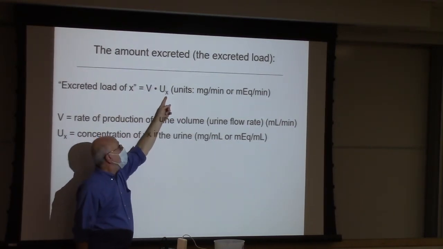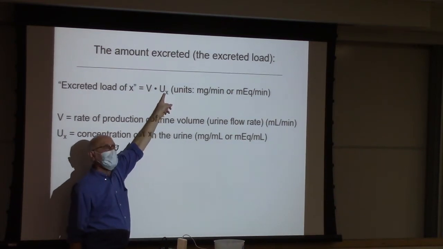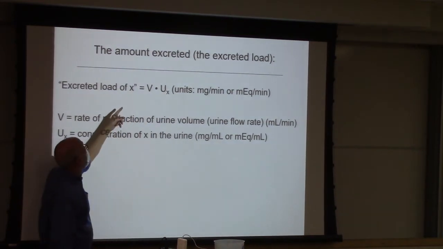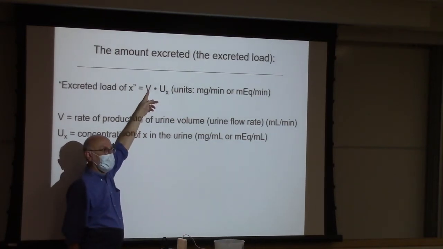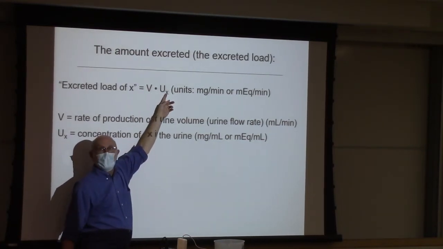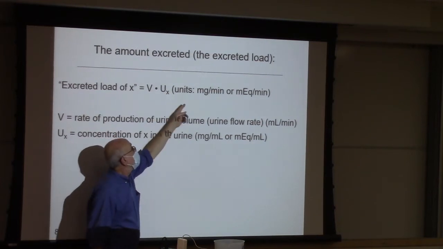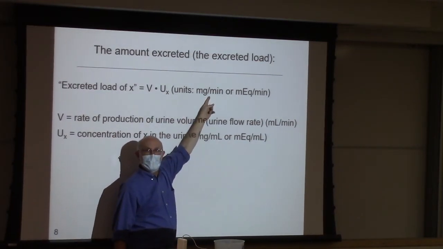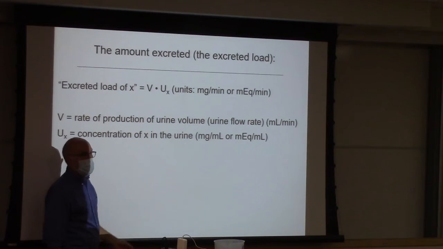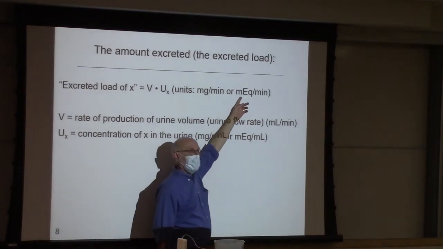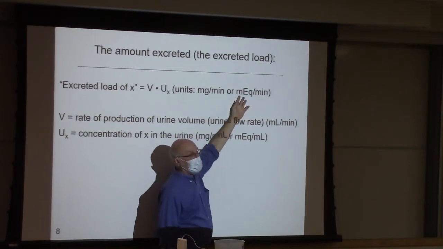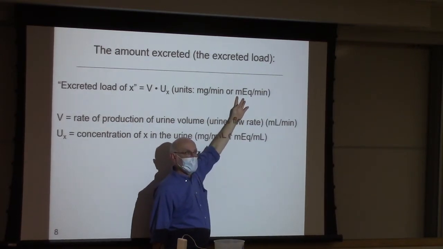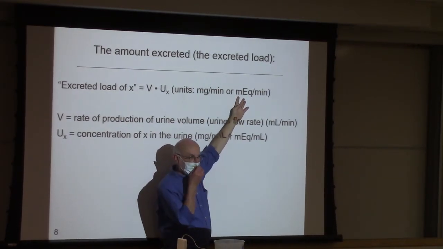Times the concentration of something in the urine. So this makes sense. Mils per minute times milligrams per mil becomes milligrams per minute. Or in some cases we do millimolar, or in some cases we do milliequivalents. Some unit of mass or charge per minute.